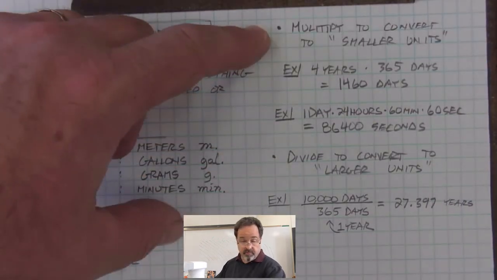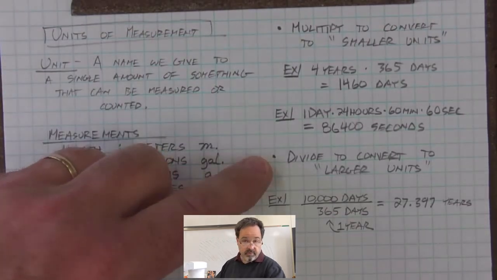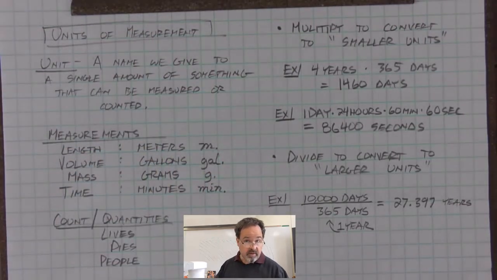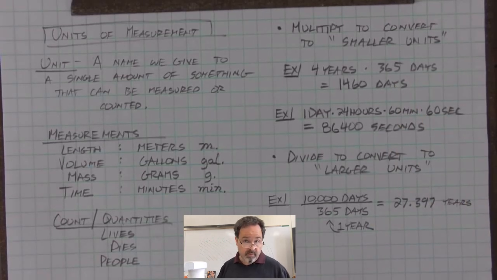Multiplying in order to convert to smaller units, and dividing to convert to larger units, if that makes sense in the problem that you're doing, is probably the first thing that you should attempt. You'll also need a conversion chart or information on how many of one unit represents another in order to know what numbers to multiply and divide. You can get that as a resource that accompanies this class or the internet by typing into search.